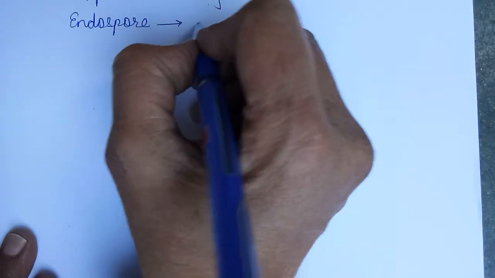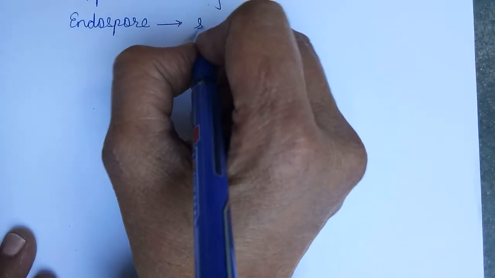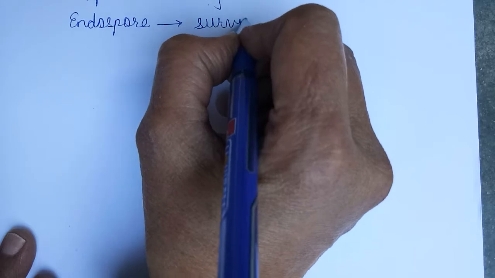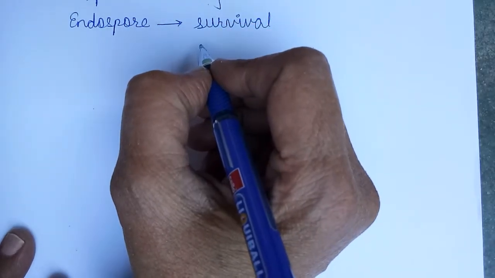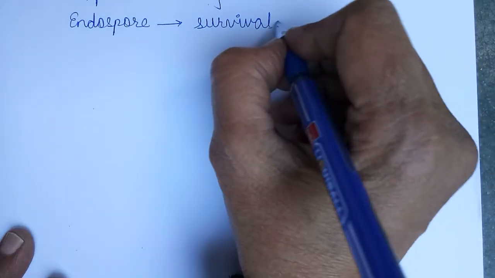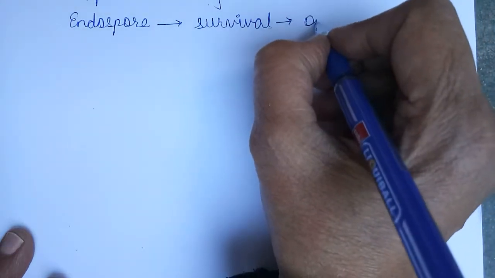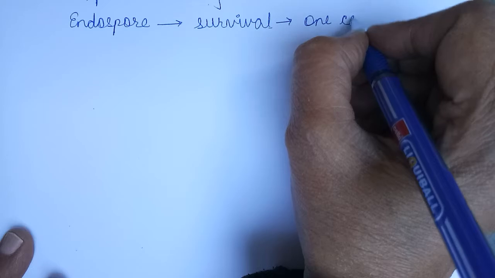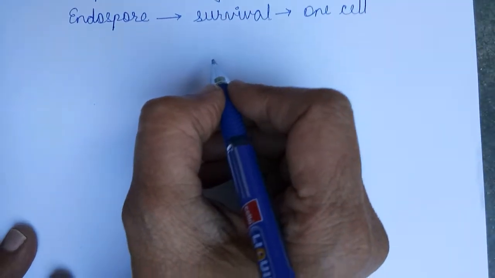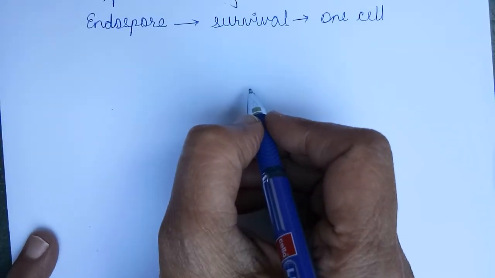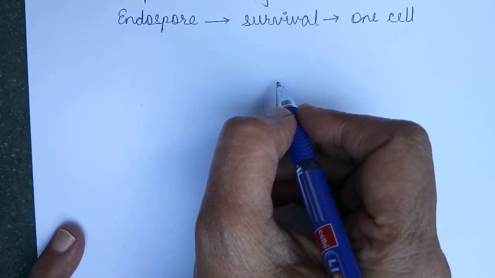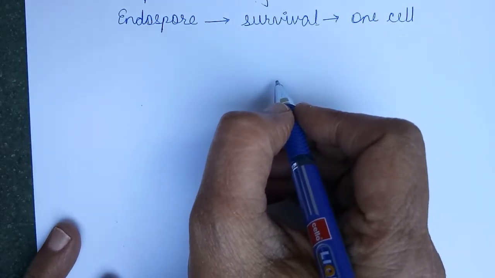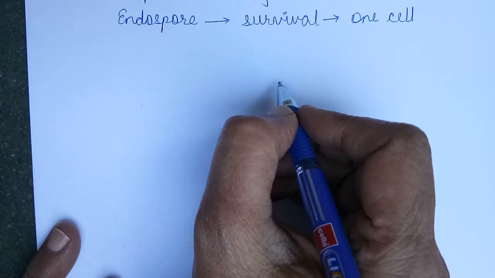It is produced as a means of survival in bacteria. When it germinates, it gives rise to one single bacterial cell. So it is not for multiplication or reproduction, but for the survival of bacterial cells.